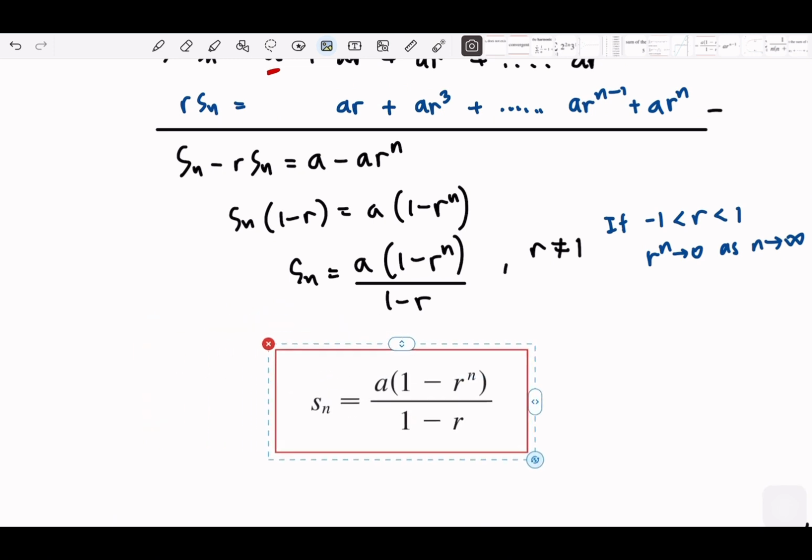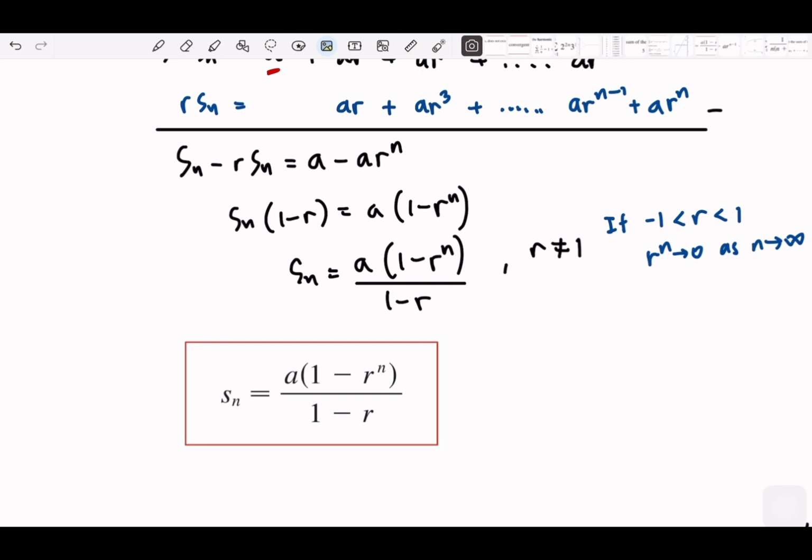Okay, so that is the formulation for the Sn of a geometric series.